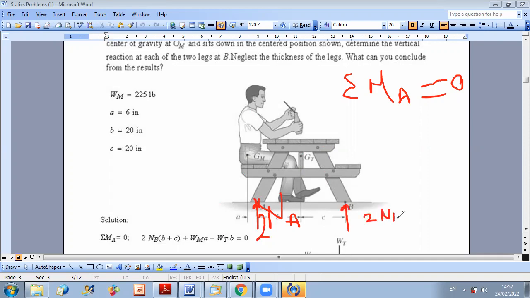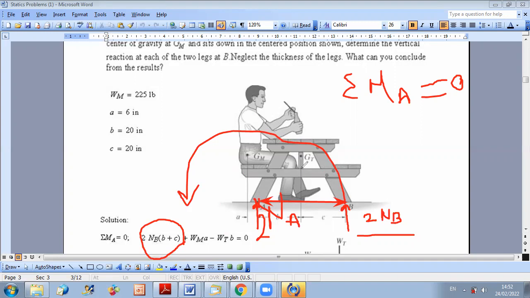Now, what is the moment of 2NB about A? This force tends to produce a counterclockwise moment about A. And what is the distance between the two? The distance is from A to B, which is B plus C. So this term, 2NB times B plus C, will represent the moment of NB about A.